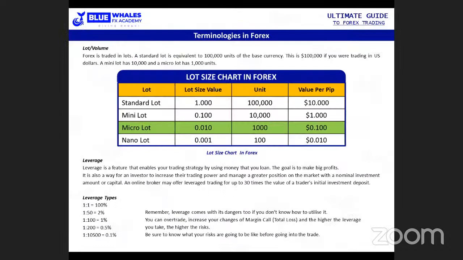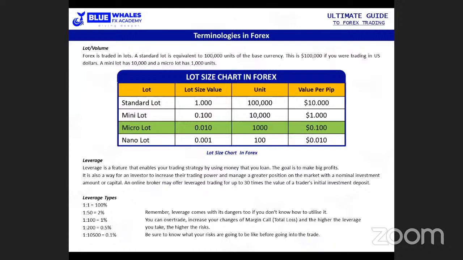In Forex, just as we had in the benefits of trading Forex, there are many lot sizes to choose from. In Forex, they are traded in lots. A standard lot is equivalent to 100,000 units of the base currency. If you are trading in US dollars, that is 100,000 US dollars.